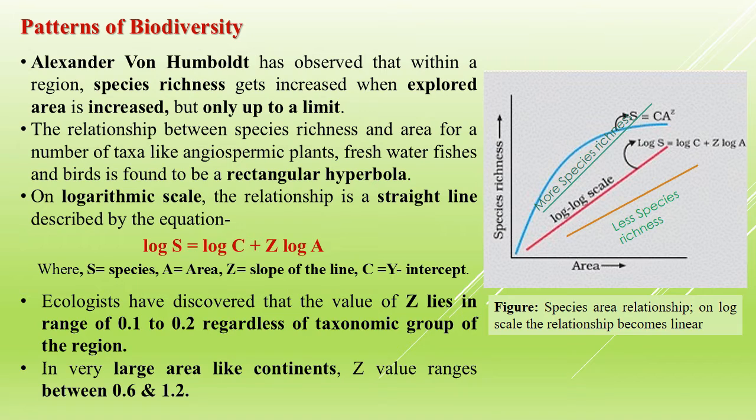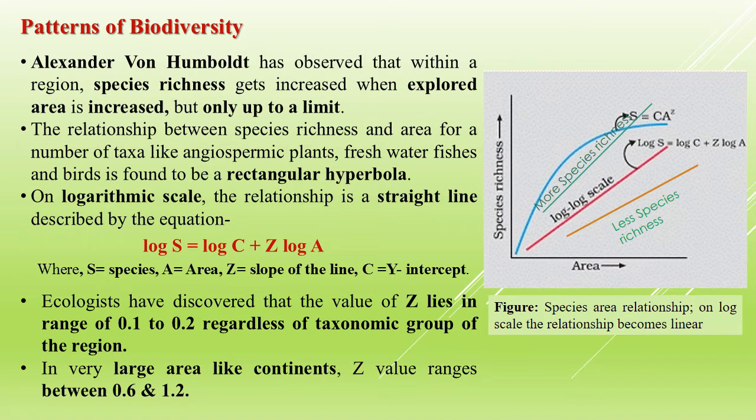So if we graphically plot area along the x-axis and species richness or species diversity along the y-axis, we find that with increased area, species richness increases up to a certain limit. So ultimately we get a rectangular hyperbola.